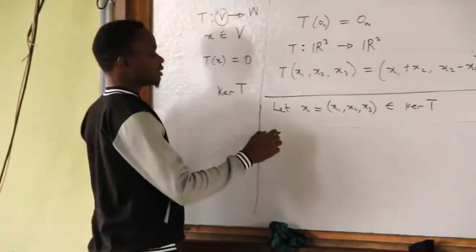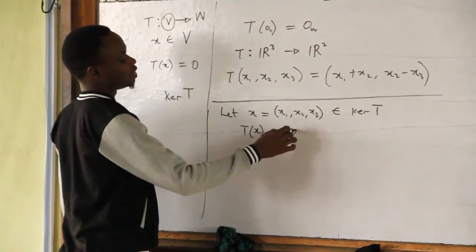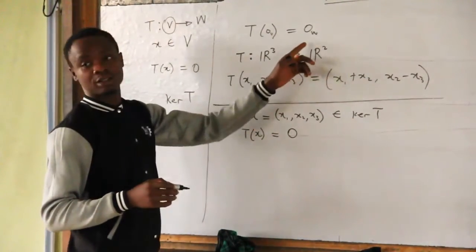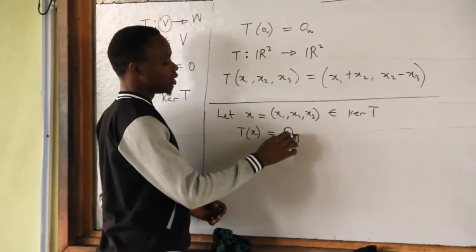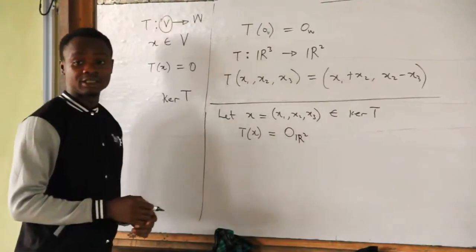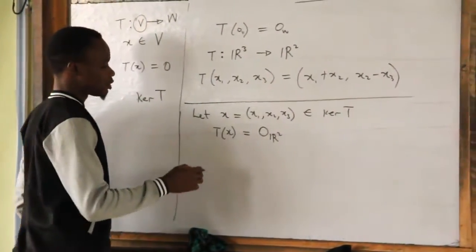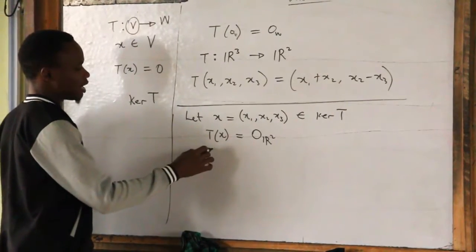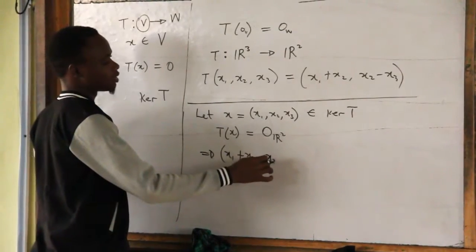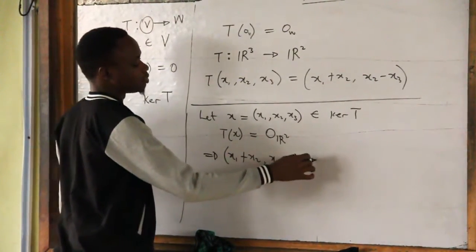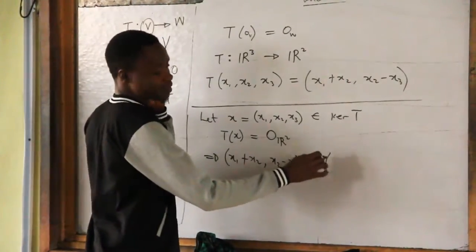That means that T of x must be equal to the 0 element in the codomain, the 0 element in R2. Is it making sense to you? What is T of x? T of x is defined this way. That means I should have my x1 plus x2, x2 minus x3 to be equal to the 0 element in R2. What is the 0 element in R2?